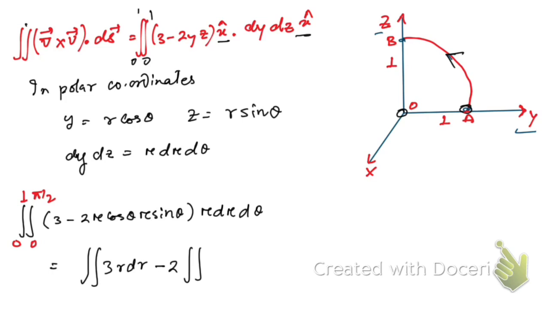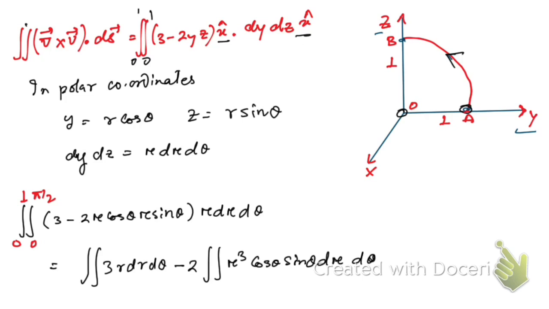So here we're gonna get r dr. Here we should write d theta as well, so I forgot to write that part. So now r square, r into r square, and if you multiply this r, that's going to be r cube. Okay, so r cube cos theta sin theta dr. Okay, then d theta, right?